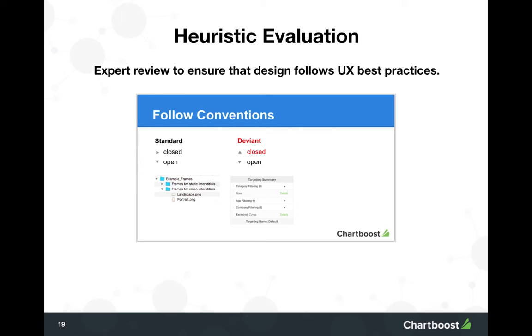The first is a heuristic evaluation, which is an expert review to ensure that the design is following all the best UX practices. So I was able to do this just when I first started without being familiar with the Chartboost product.